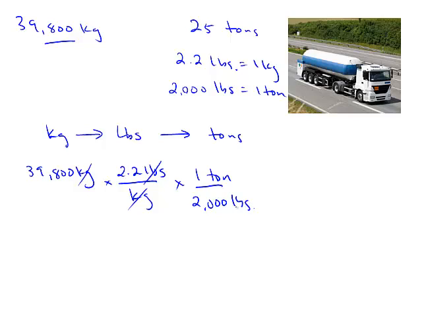So again, we're able to cancel pounds. And so now we get 39,800 times 2.2 divided by 2,000. And that gives us 43.8, rounding, tons total. So in conclusion, we are too heavy.